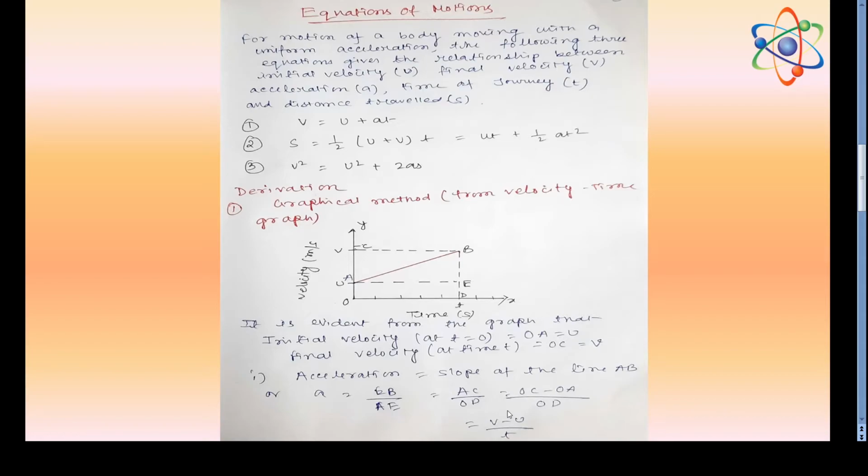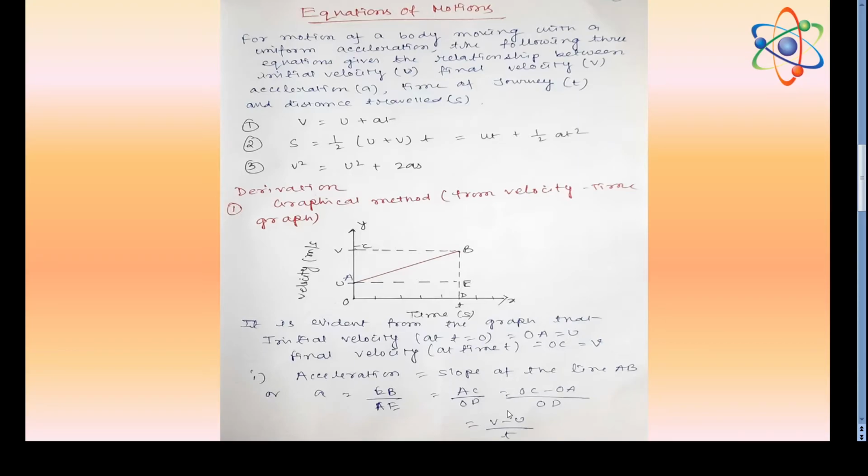And the equations are as follows. First one, v equals u plus at. Second one, s equals half (u plus v) into t, or we can write ut plus half at square, and third one, v square equals u square plus 2as. So we will derive all these equations by the graphical method from the velocity time graph.